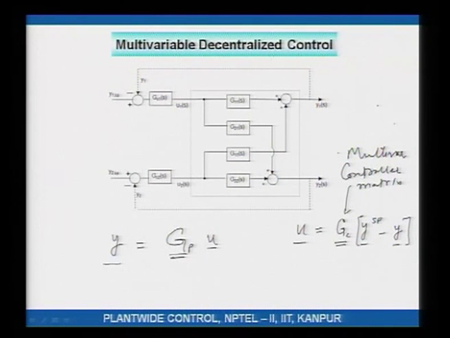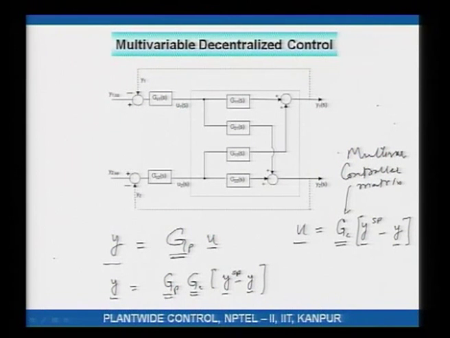Okay. If I substitute this over in the first equation, what I have is output is equal to GP times GC, both being matrices, times y set point minus y.